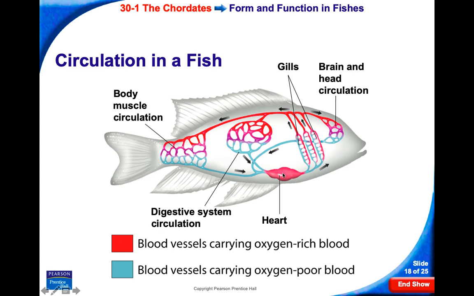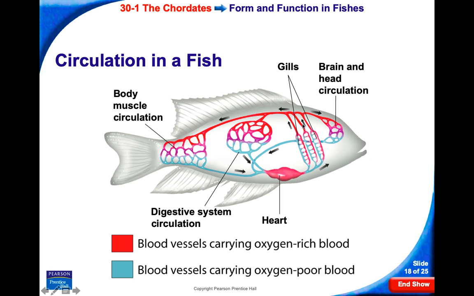So blood will get pumped by the heart, directly from the heart goes to the gills, and that's where the gas exchange happens, where the blood picks up oxygen from the water flowing in through the mouth of the fish. Okay, and you can see that the blood coming in is oxygen poor, then it's oxygen rich when it leaves the gills.